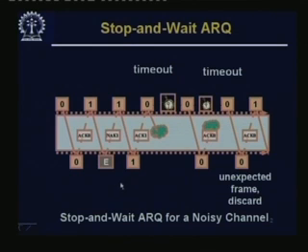The point to note is that there is only one frame in transit in the channel at any point of time, whether it is the frame, the acknowledgement or the negative acknowledgement.